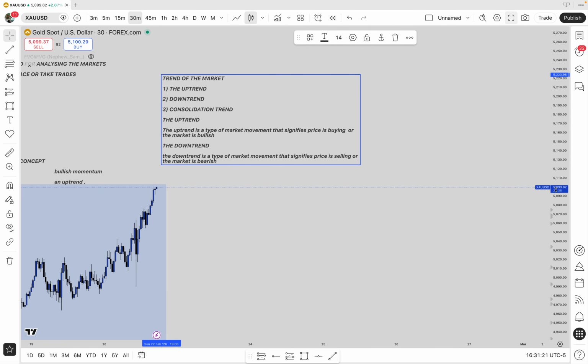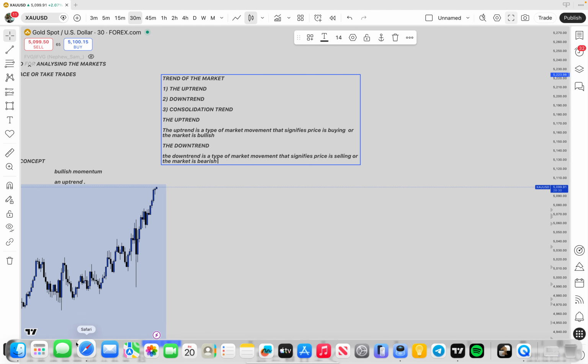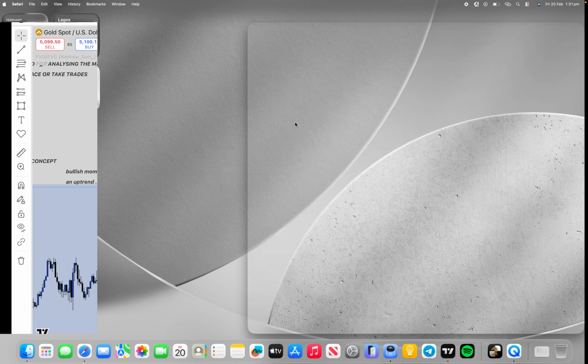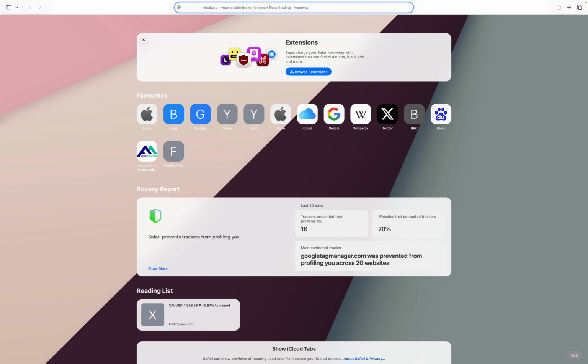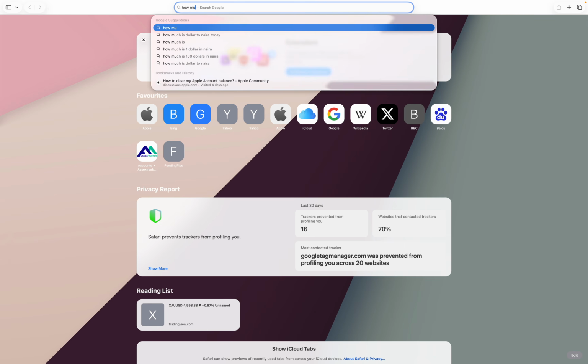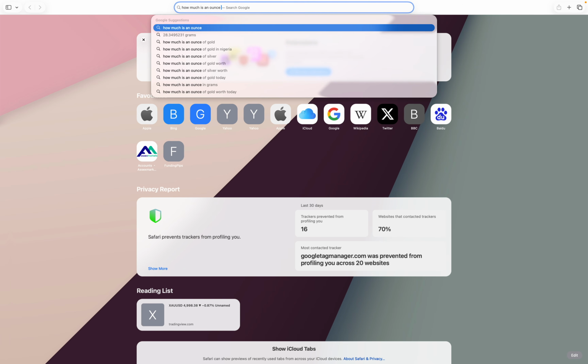And on the right side of my screen, you can see that gold is currently at $5,999 per ounce. Now, let's quickly go to Google, or my Safari page. Now, let's go there and let's take a look at how much is an ounce of gold.